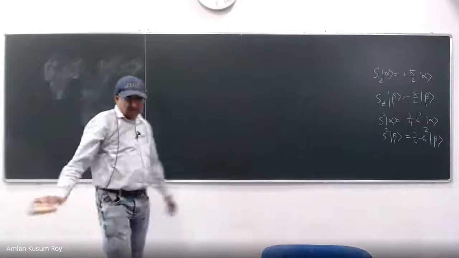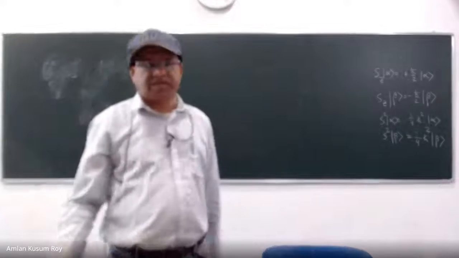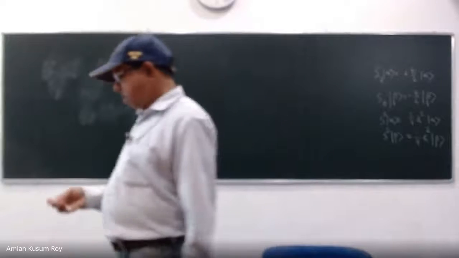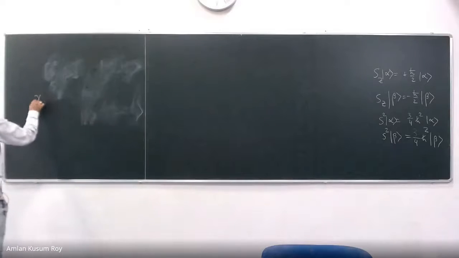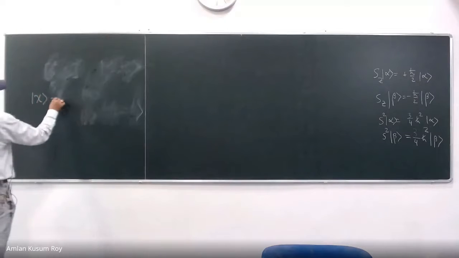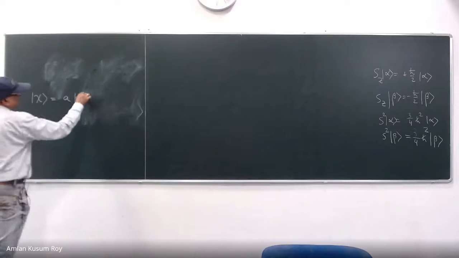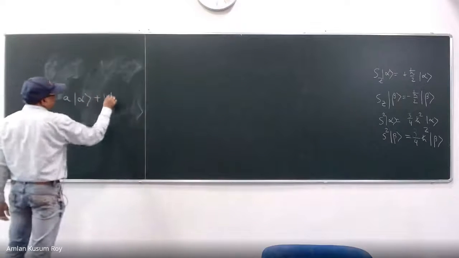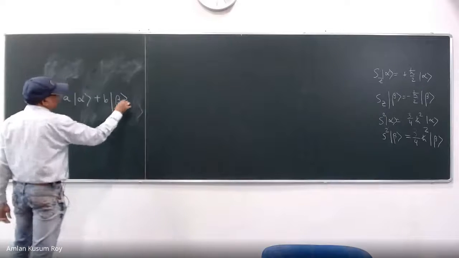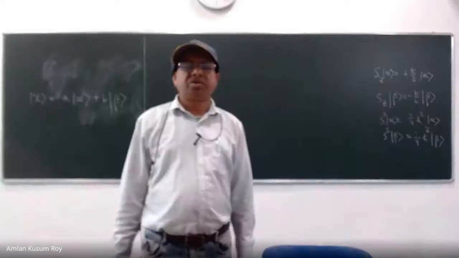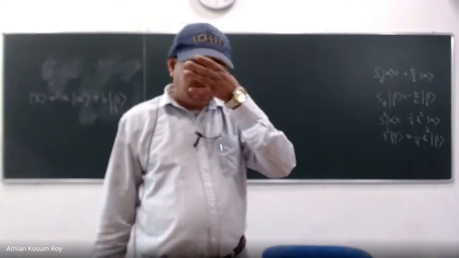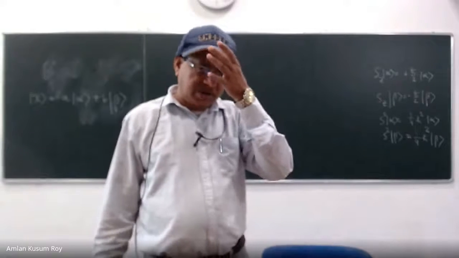So the general spin state, how can I define a general spin state? Chi is equal to A alpha plus B beta. Because I have only two states, alpha and beta, I can write a general state as a linear combination of these two states.